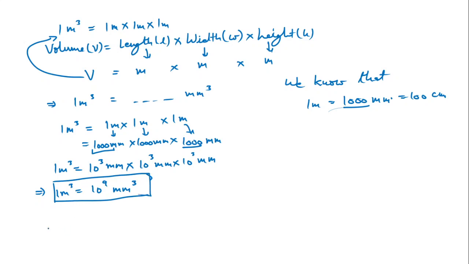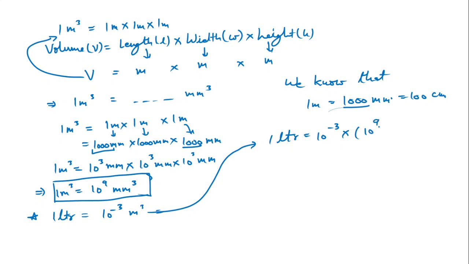Or if we have to calculate how many millimeter cubes there are in 1 liter, we know that in 1 liter there are 10 to the power minus 3 meter cube, and 1 meter cube is equal to 10 to the power 9 millimeter cube. So we can write 1 liter is equal to 10 to the power minus 3 multiplied by 10 to the power 9 millimeter cube.